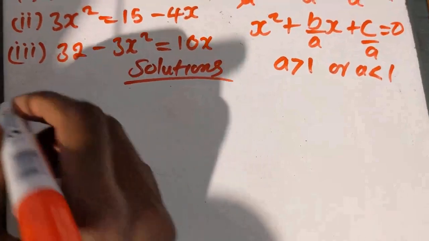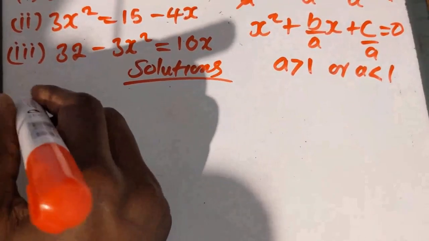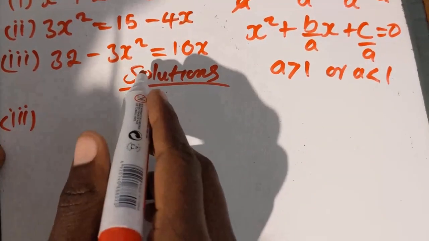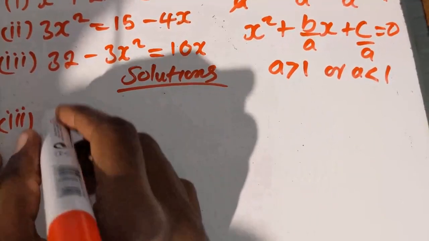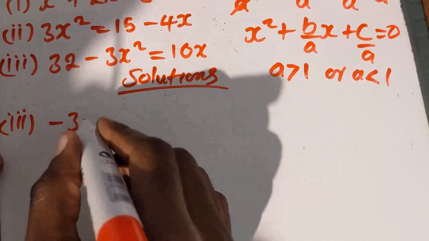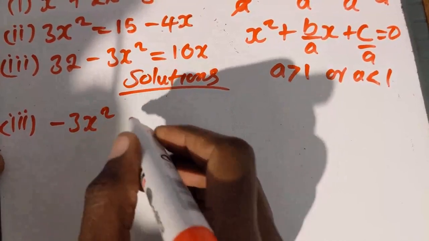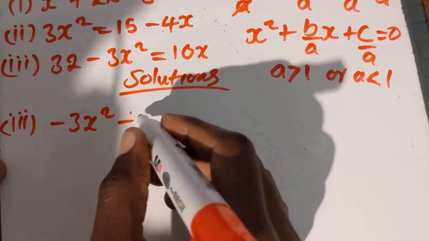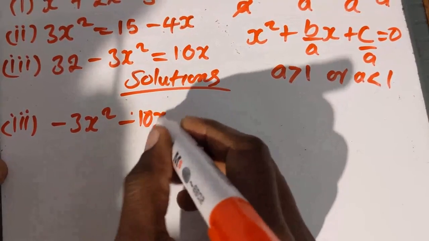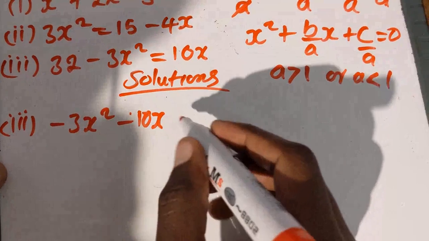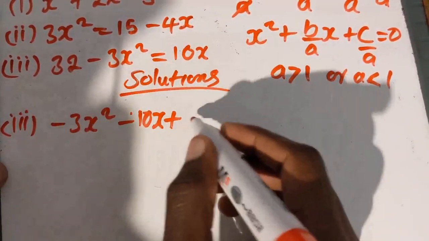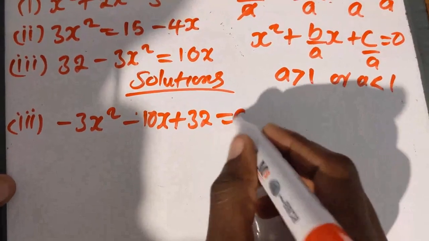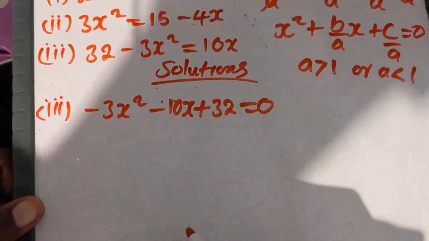Okay, so the third question we have, so we are going to arrange it, okay, in that form. So we are going to have negative 3x squared, then this comes inside, it will be negative 10x. Then this is just already decided and it is in positive, so it is going to be positive 32 equal to 0, like that.